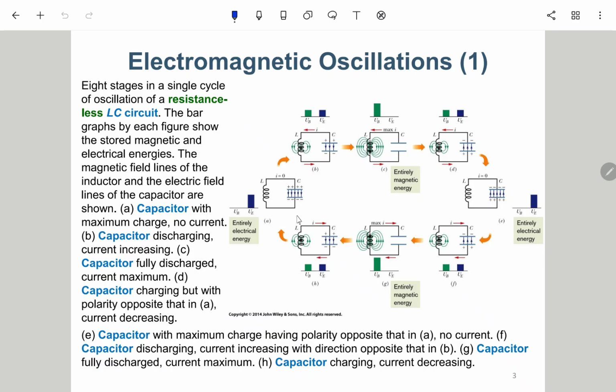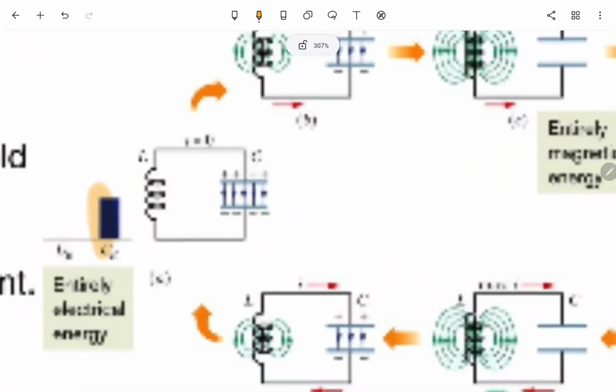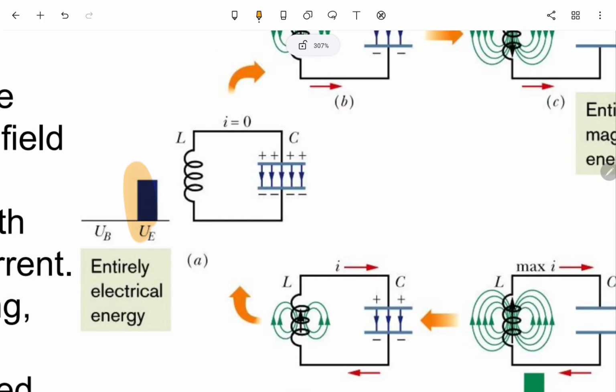At the very beginning, we should have some initial condition. We consider the initial condition to be that all the energy is stored in the E field. If you still remember, the capacitor stores the energy in the E field, and the inductor stores the energy in the B field. So at the very beginning, all the energy is stored in the capacitor.